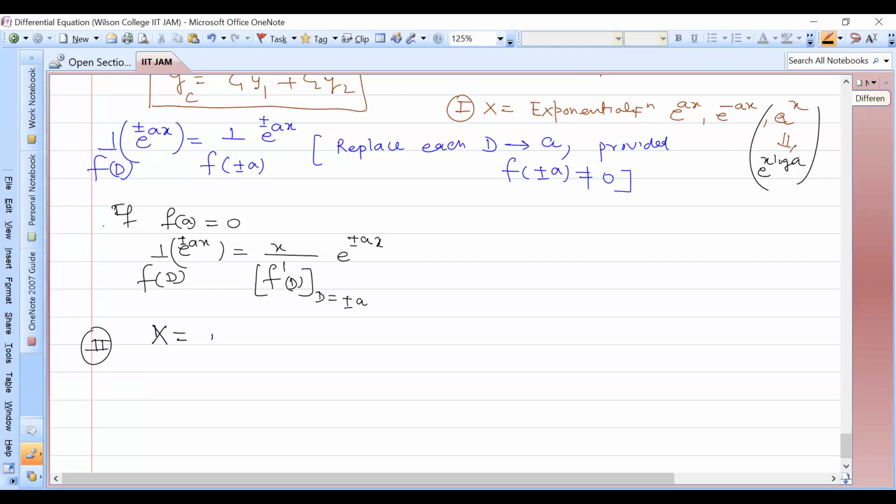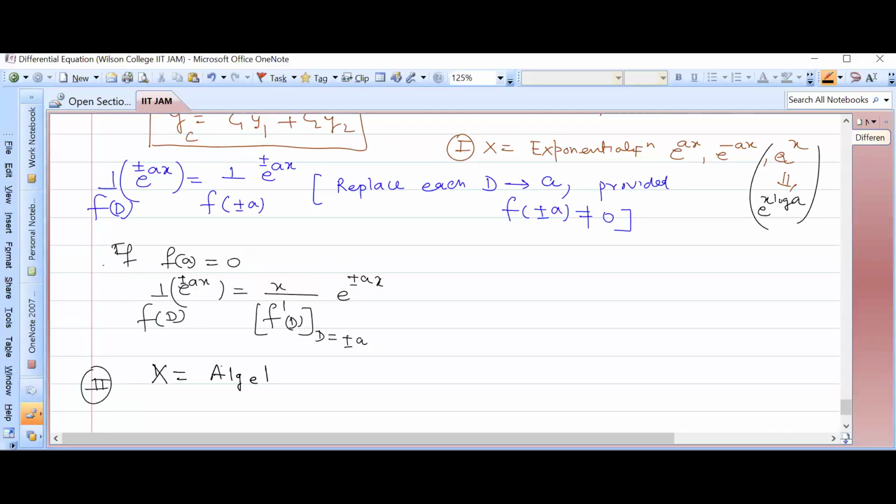See, the second rule states, if capital X is a polynomial or trigonometric function, that is sin ax and cos ax.